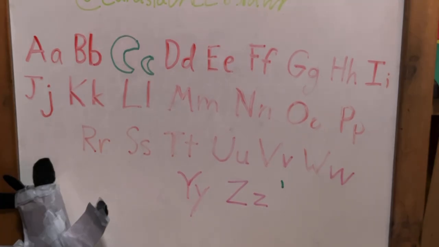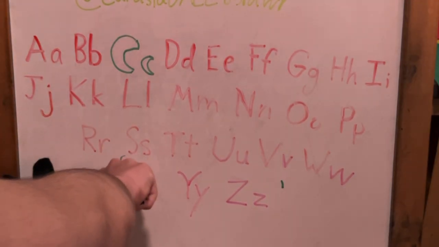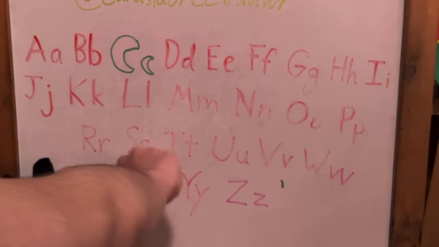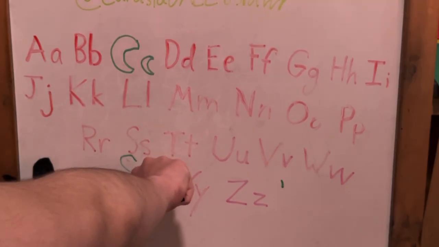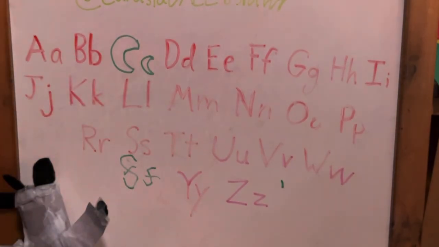The next one I have is the SH sound, which is pretty uncreative, I'd say. It's literally just an S with a line through it. I got this from an old conlang that I saw a few years ago.